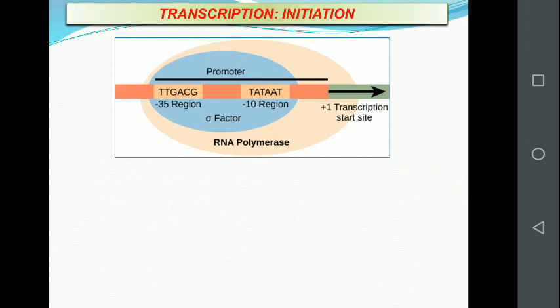The remaining subunits come and assemble on the sigma factor, and finally it forms the holoenzyme. Complete RNA polymerase is called a holoenzyme. The five subunits together are called the holoenzyme, and if we remove the sigma factor from the holoenzyme, it is called the apoenzyme.